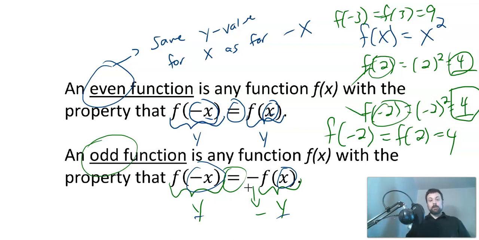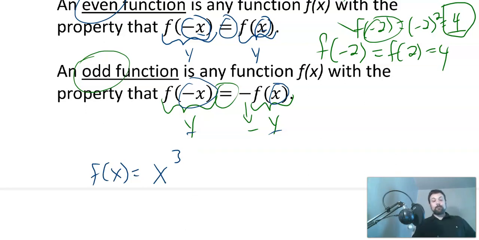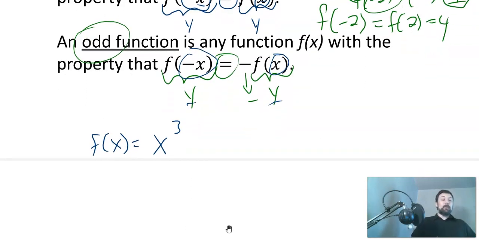So a good example of an odd function, you may have guessed this, would be f of x equals x to the third power. Funny how even powers give even functions and odd powers give odd functions, right? It's a little more complex than that, but there is something to that.